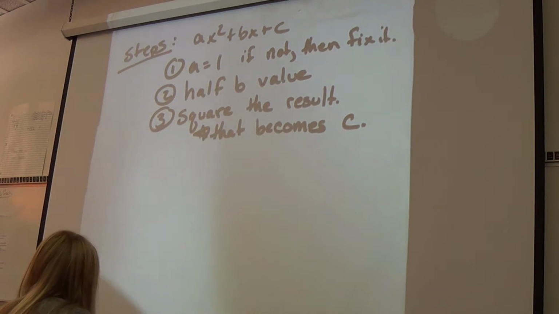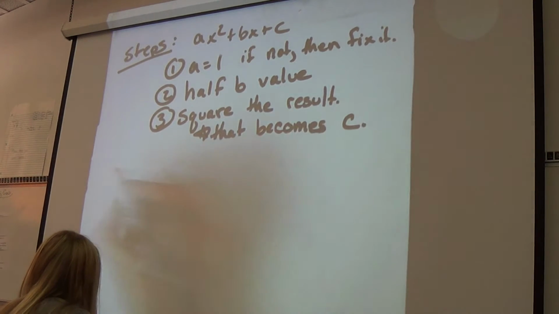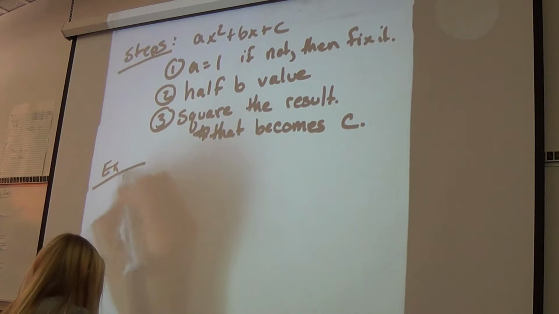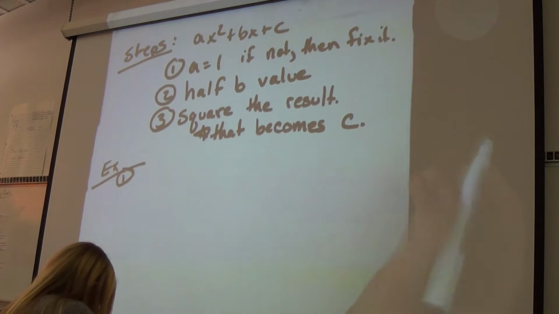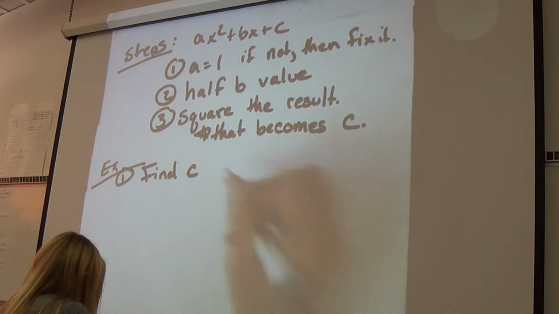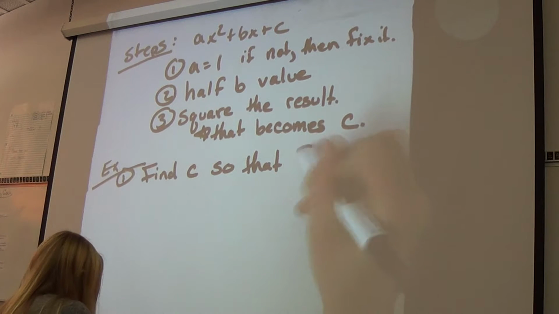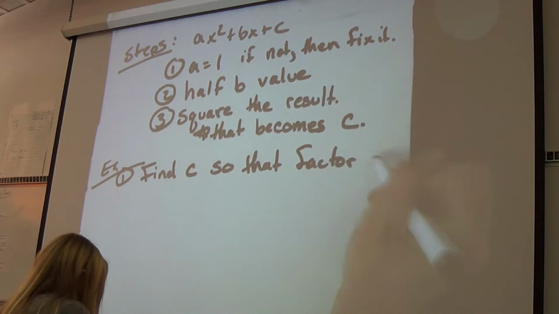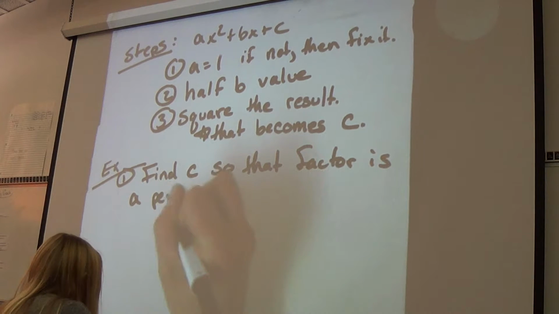All right, so we'll have 2 examples. Example number 1. They're going to ask you to find C so that the factor is a perfect square.